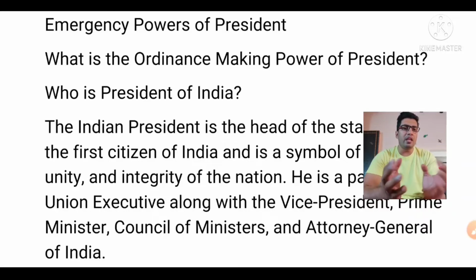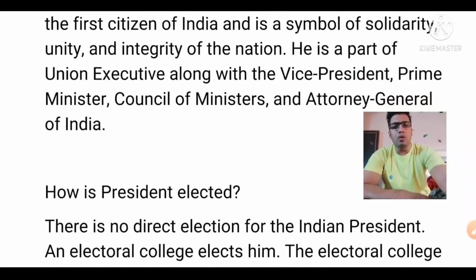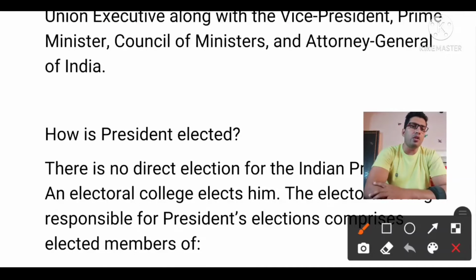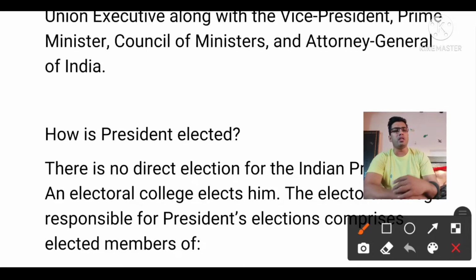This is a very common case when generally the president uses his suspensive veto. If I talk about an earlier example of this, let's take the case of Jaya Bachchan. Jaya Bachchan was an MP from the Rajya Sabha, and she belonged to the Samajwadi Party.